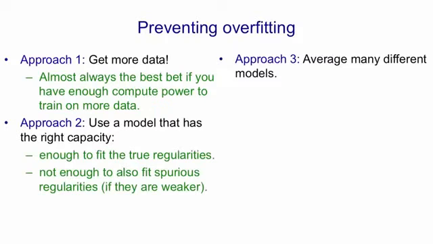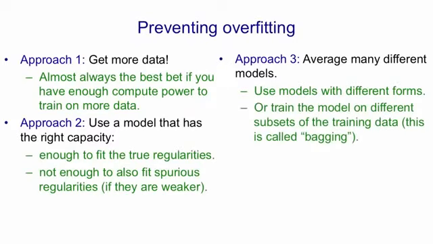In the next lecture, I'll talk about averaging together many different models. If we average models that have different forms and make different mistakes, the average will do better than the individual models. We could make the models different just by training them on different subsets of the training data. This is a technique called bagging.